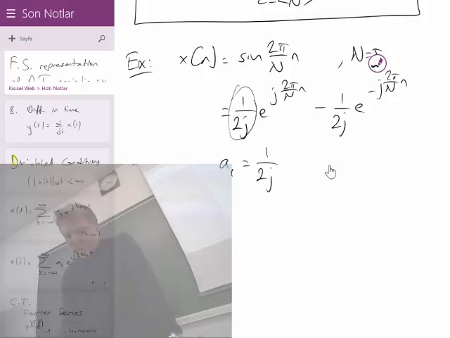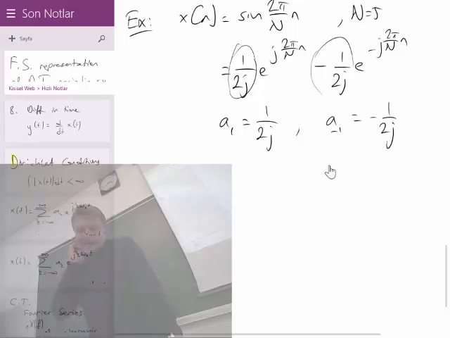A1 is equal to 1 over 2j, and the other one is A minus 1. At k is equal to minus 1, we have minus 2 pi over capital N as the frequency, and the value here is minus 1 over 2j. The two Fourier series coefficients are evaluated simply like this.